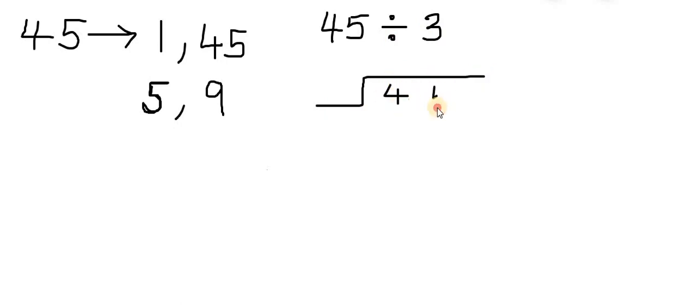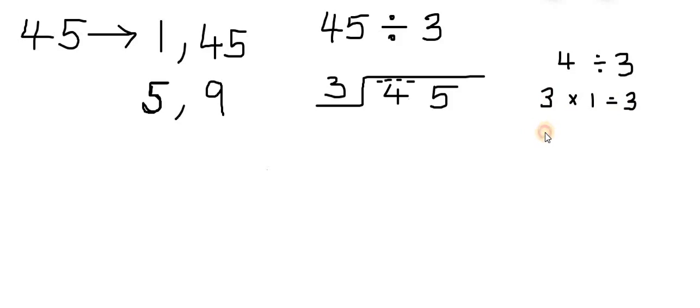So 45 in here, 3 on the outside. Start with 4 first. 4 divided by 3. That's a possibility. 3 times 1 is 3. 3 times 2 is 6.